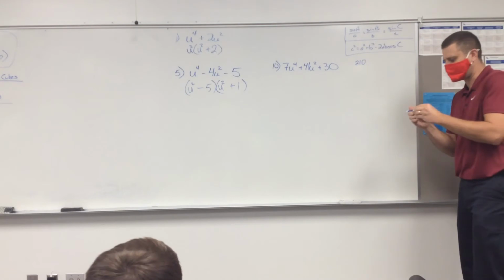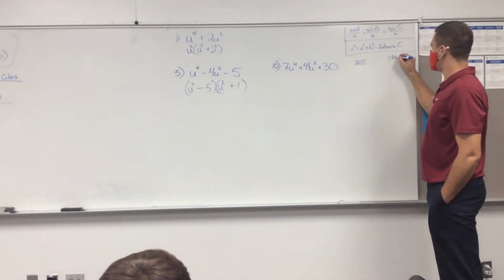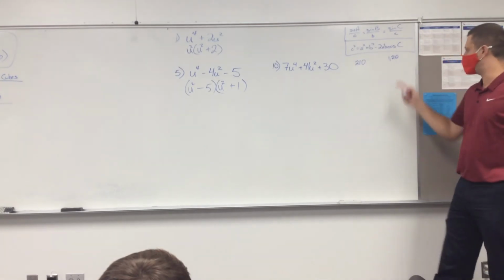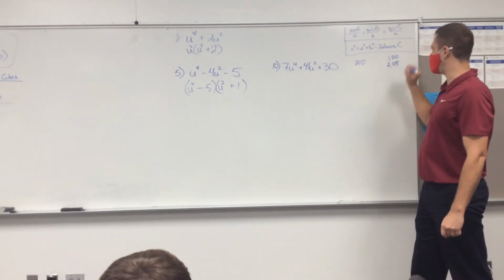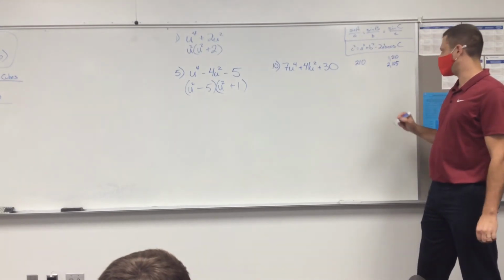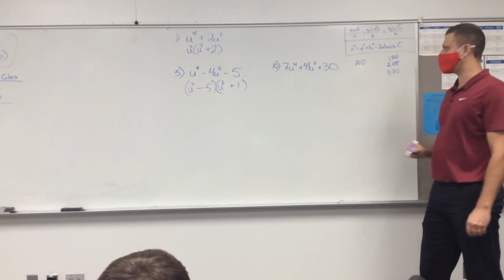Most people can't do that off the top of their head, so my suggestion is to make a list. 1 and 210. Those don't add to 41. 2 and 105. Those don't add to 41. 3 and 70.